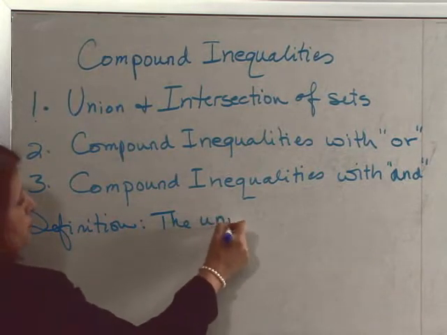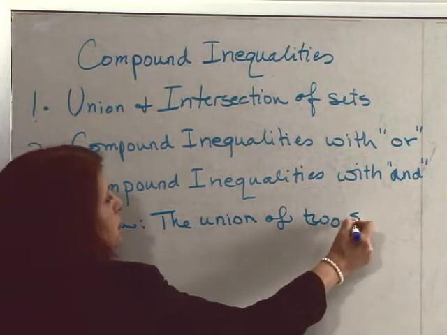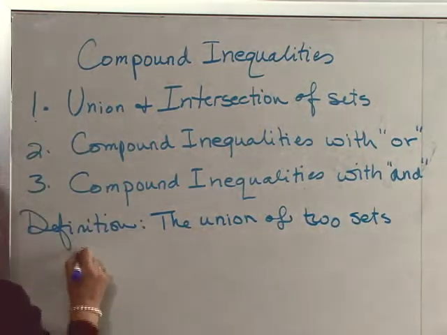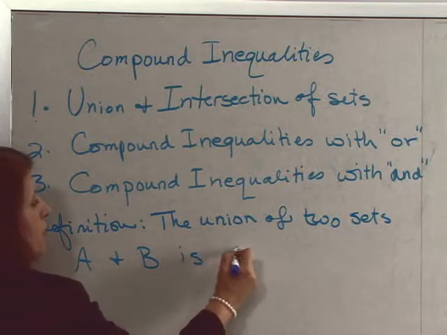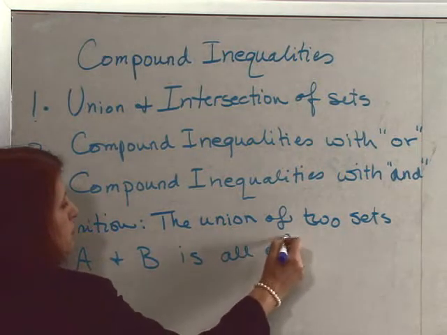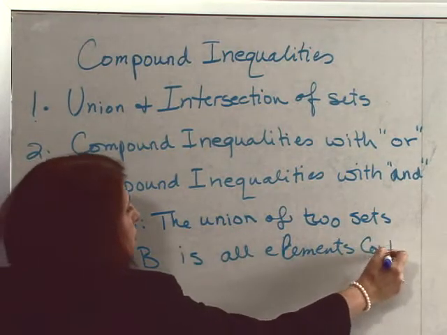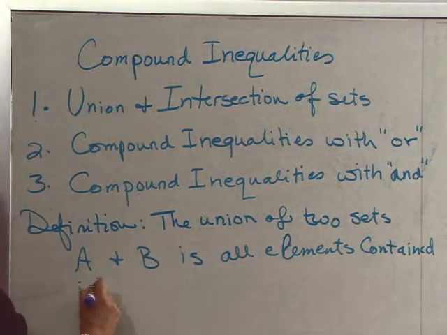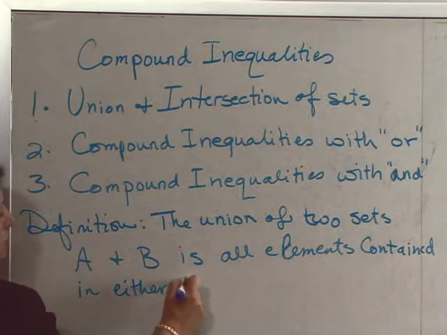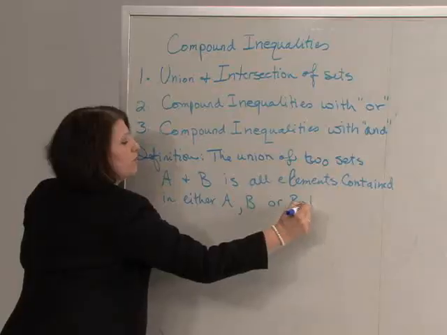The union of two sets, A and B, is all elements contained in either A, B, or both.